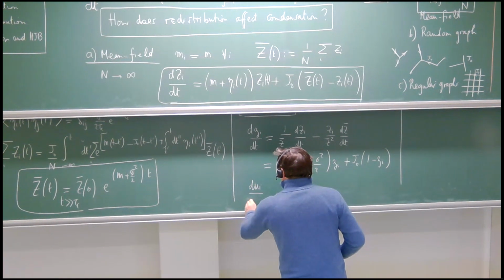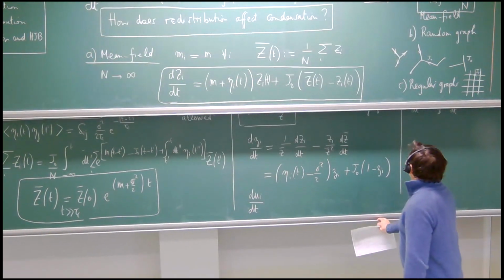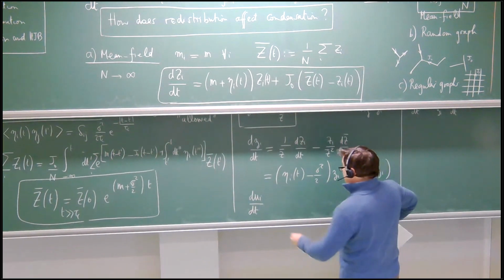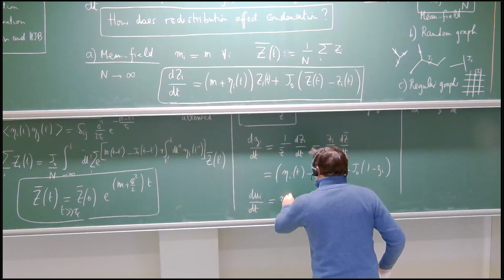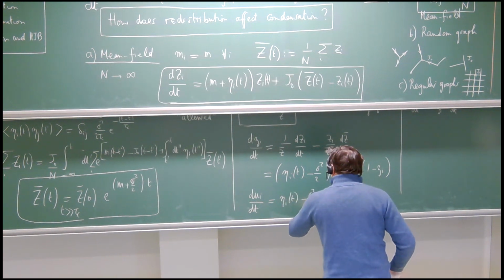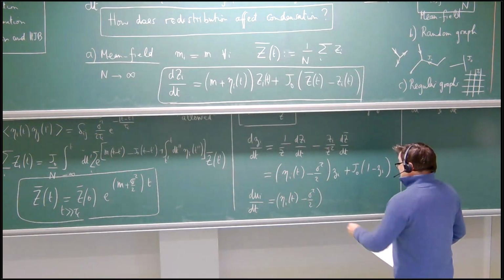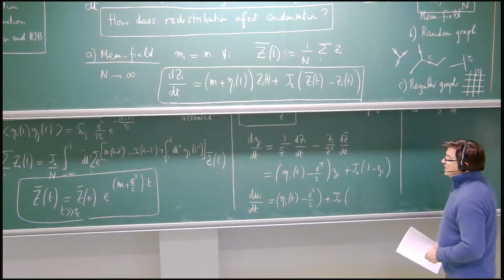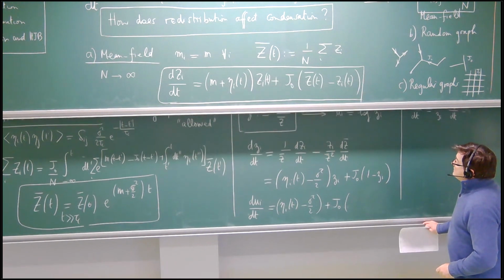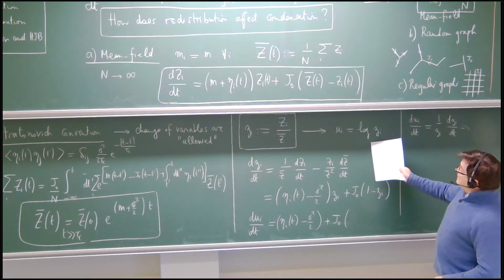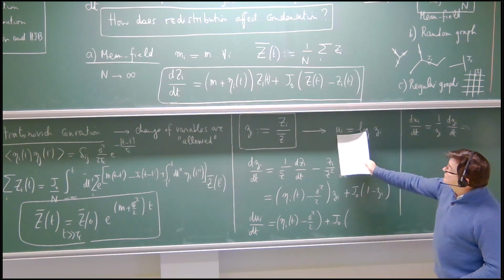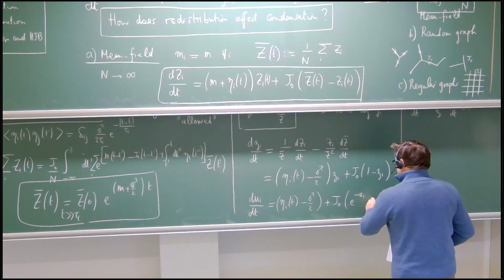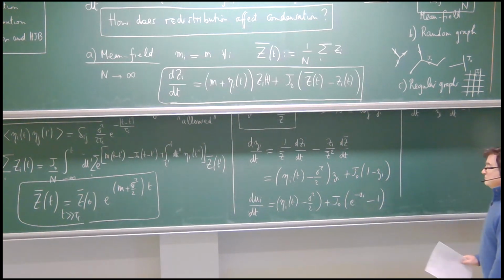So dui/dt, using the fact that it's just 1 over zi dzi/dt, is equal to eta i of t minus sigma squared over 2 plus J0. So 1 will become 1 over zi, and 1 over zi is exponential of minus ui. So exponential of minus ui minus 1.